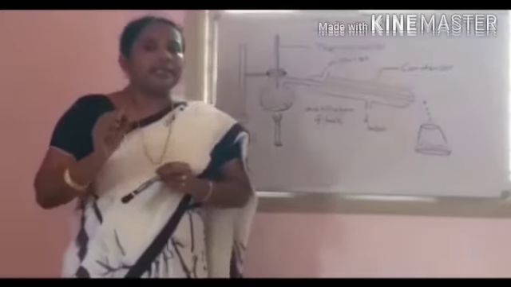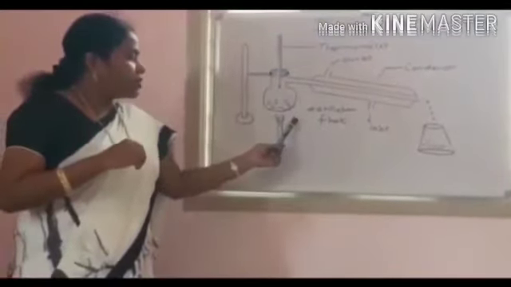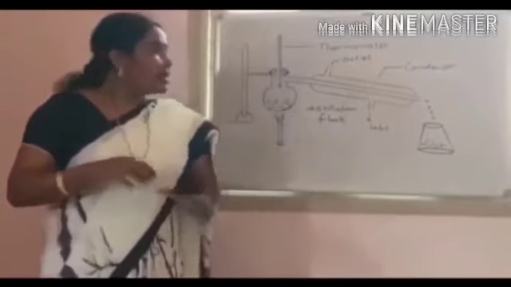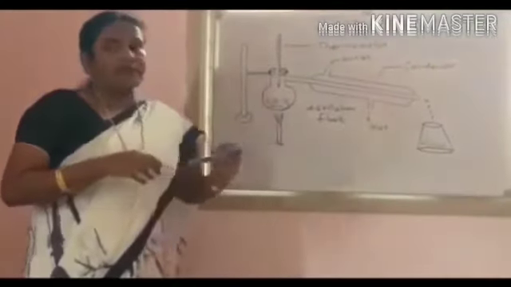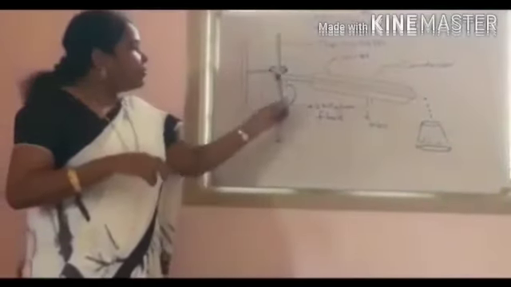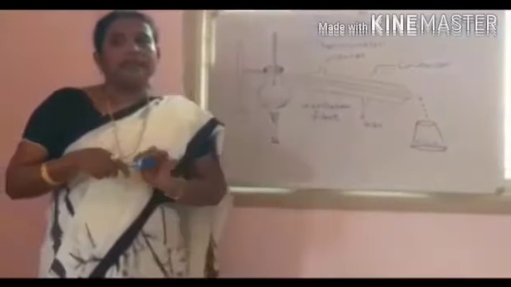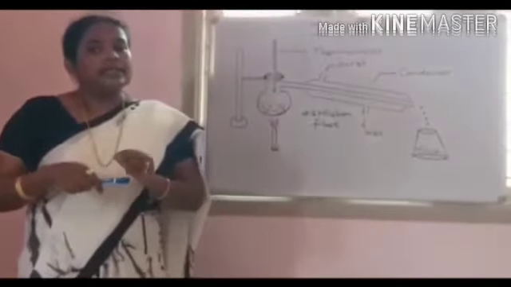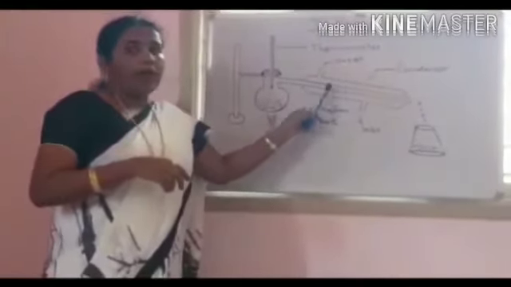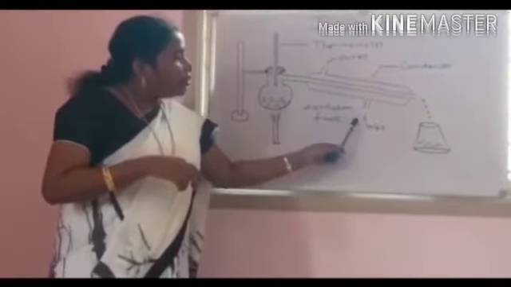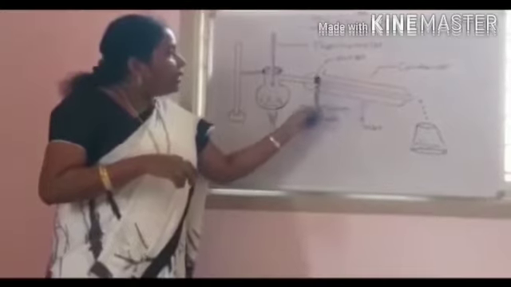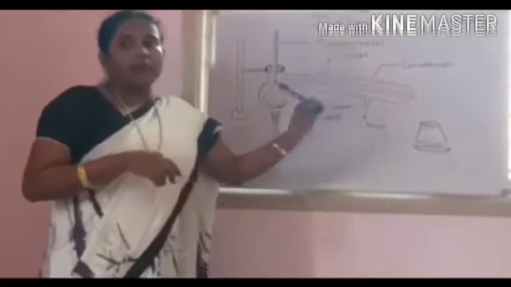An assembled distillation apparatus is shown here. A mixture of two miscible liquids is taken in the distillation flask. This distillation flask is connected with the condenser. This condenser consists of a pipe surrounded by cold water, and water enters into the bottom of the condenser and exits at the top.